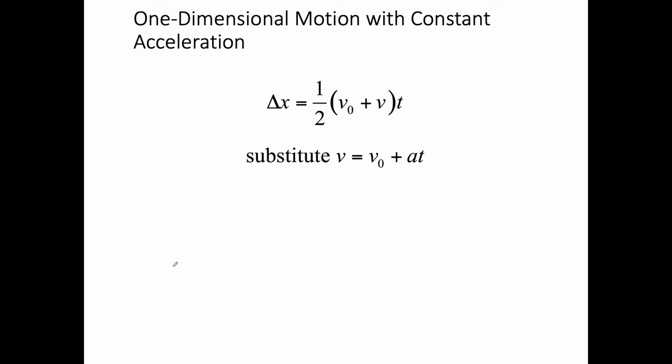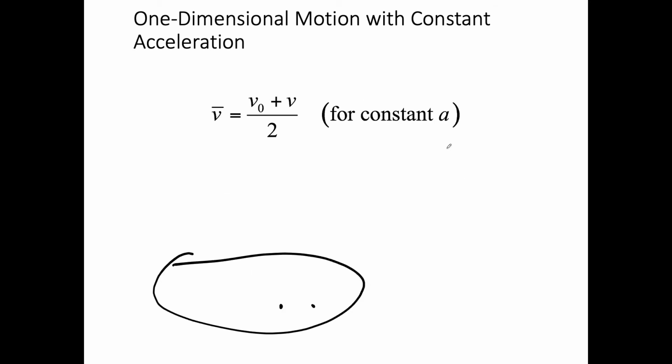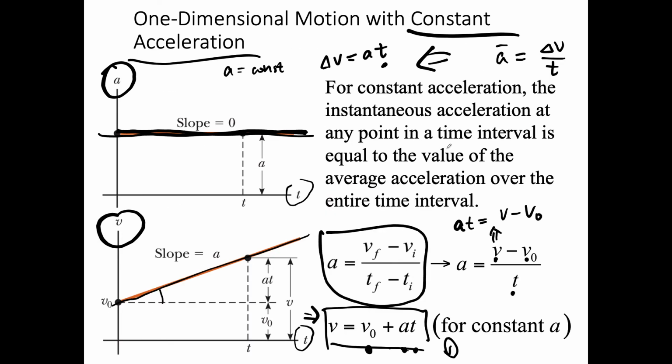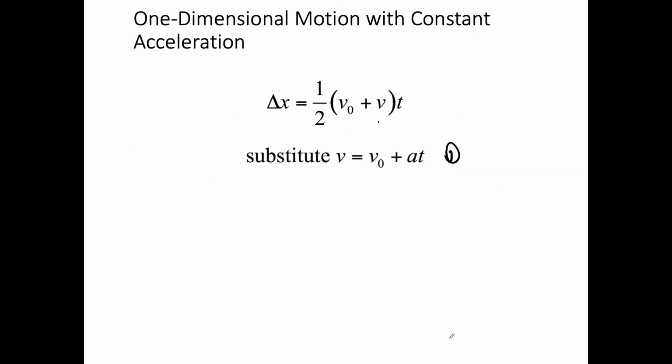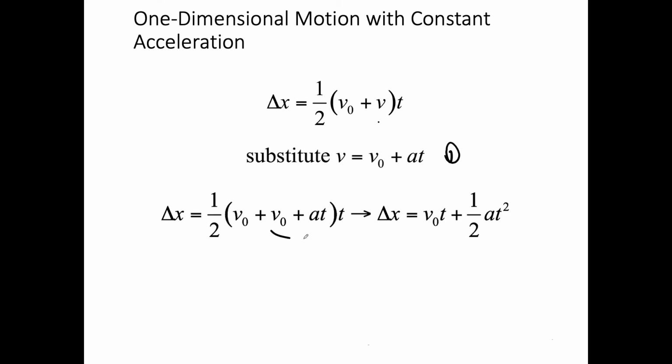So now we want to derive another very useful equation. We start from the equation we just derived, and then we substitute v using the first kinematic equation we derived here. This we call the first kinematic equation. So we substitute v. This is our v.